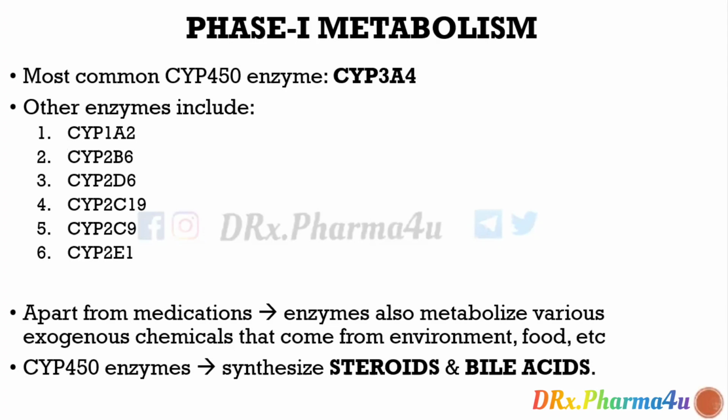The most common cytochrome P450 enzyme is CYP3A4. Definitely it is very, very common. Many drugs are metabolized through this. And obviously there are other enzymes also: CYP1A2, CYP2B6, CYP2D6, CYP2C19, CYP2C9, and CYP2E1.